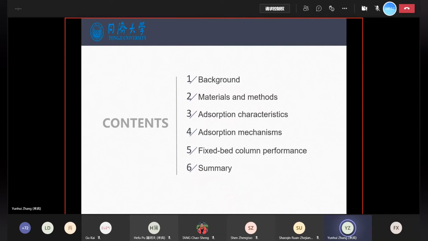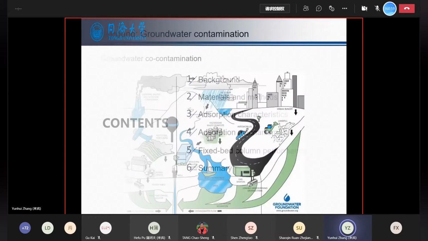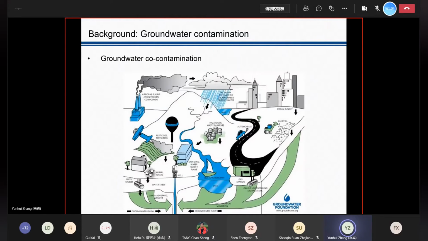As we all know, groundwater takes an important part in our environment, economies, and daily life. For example, over 50% of the United States population depends on groundwater for drinking water. But unfortunately, groundwater is susceptible to pollutants.